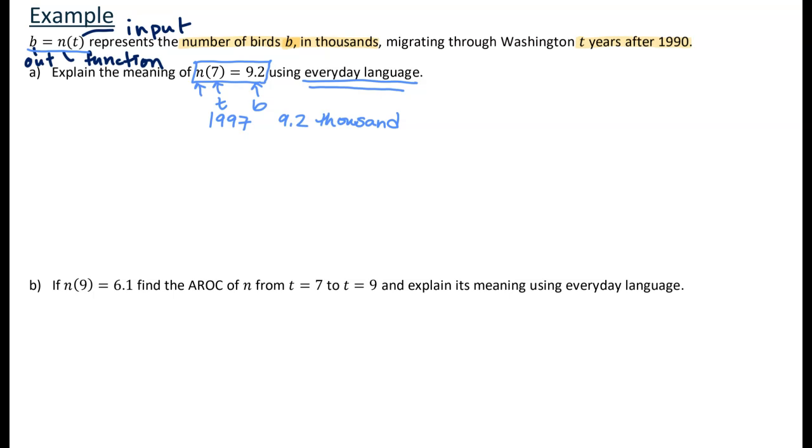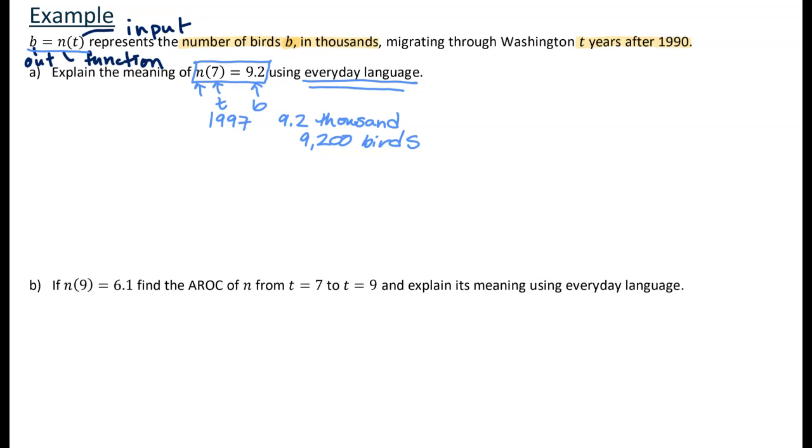I don't think 9.2 thousand is something you would hear in everyday language. We do that a lot with millions or billions, 1.5 million, but we don't generally do it with thousands. So I would like you to try to think about that. Same thing with not writing 7 years after 1990. Go ahead and say 1997. Try and put this as plainly as you can. So I'm going to say 9,200 birds.